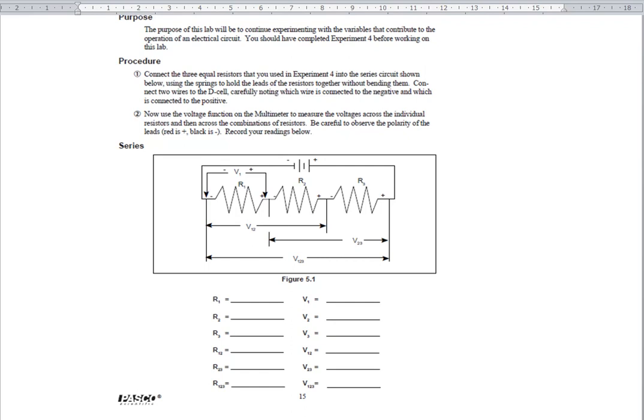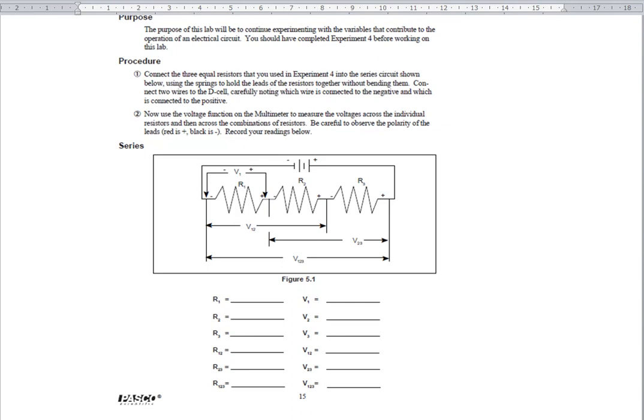V12 is the voltage across the combination R1, R2. This is the voltage V12. V23 is the voltage across R2 and R3, and V123 is the voltage from this point to this point, the voltage across the whole combination, the three resistors. So this is for the resistors connected in series.